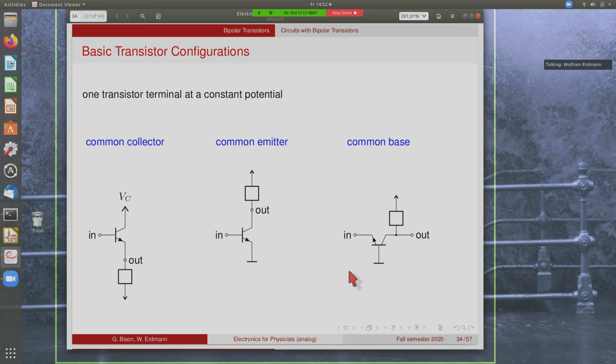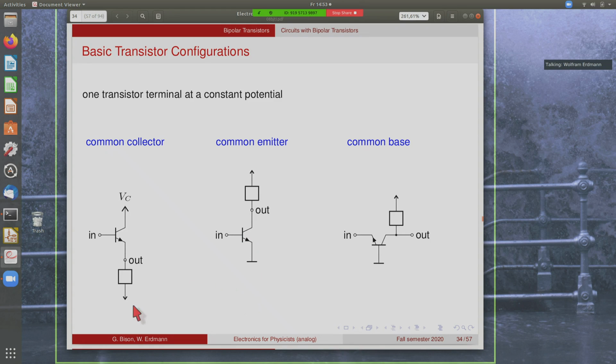Okay, generally, transistor circuits are typically classified by which of the nodes is at a common, constant potential. We've just seen one where the base was at a constant, or fixed, potential, and we've also seen one where the collector is at a common potential.